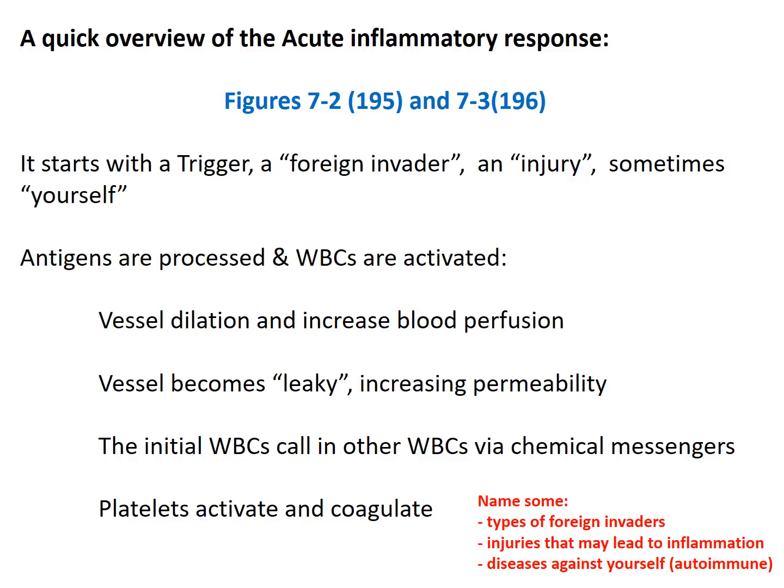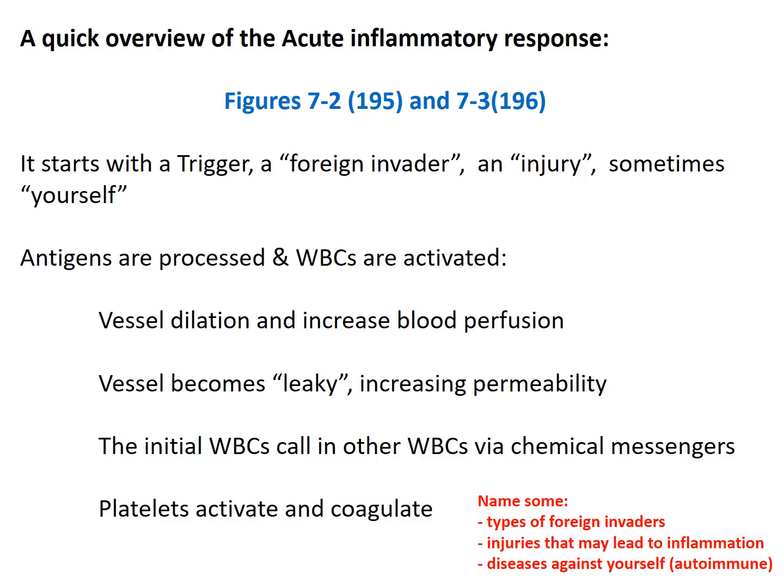And we react to antigens via our white blood cells. When white blood cells begin the process of dealing with the antigen, a number of things are going to happen. Blood vessels dilate. The blood vessels start to become leaky. The first white blood cells involved in the inflammatory process begin to call in more white blood cells.